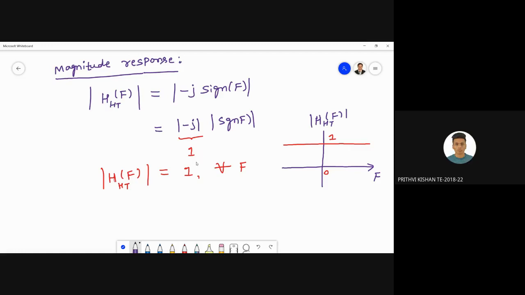How can you say j is 1, sir? See, what is j square? Minus 1. Minus j is nothing but minus 1 into j, and if you remove the minus 1 outside, you only get j, so the value will be j.